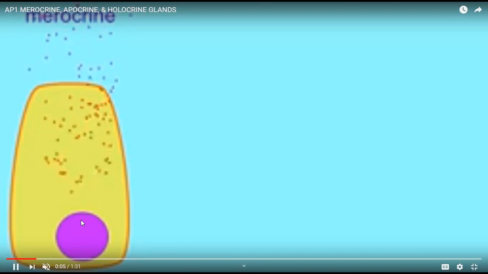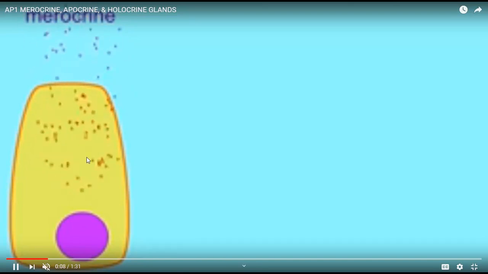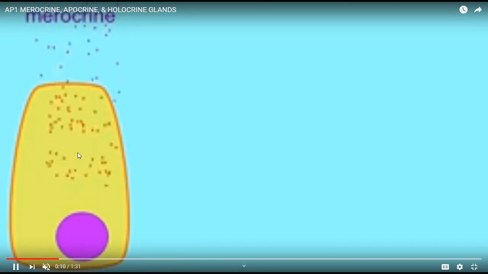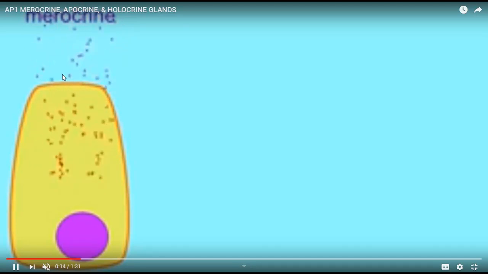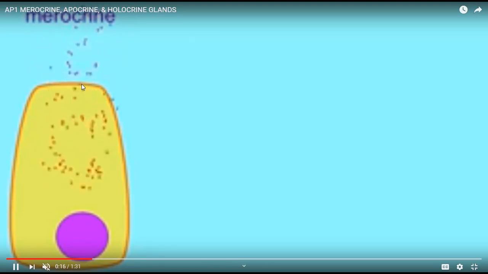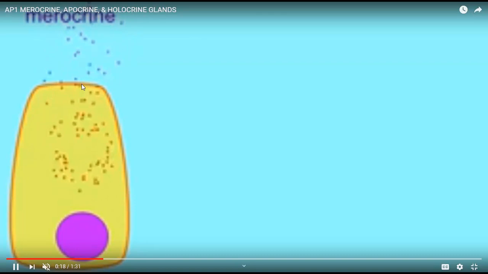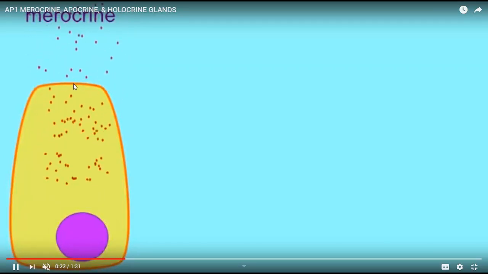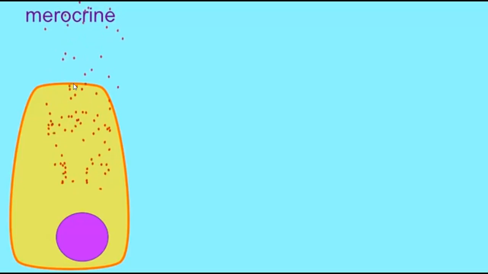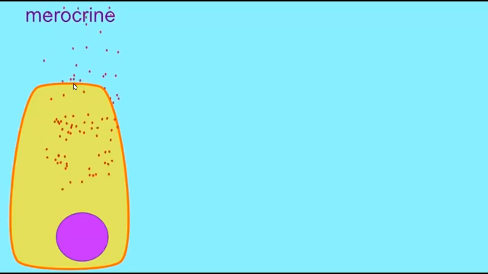You can see here, this is the cell, this is the nucleus, this is the secretion. The secretion is packed by Golgi apparatus here, and it goes to the apical part, and it secretes by exocytosis without losing a bigger part of the membrane. Here a small part of the membrane will be lost with the secretion, and this type of secretion is called merocrine.